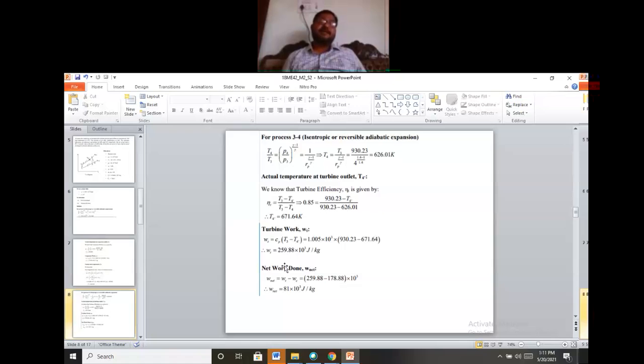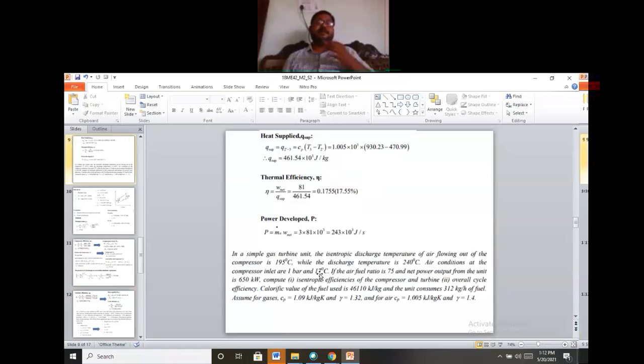Turbine work is CP value into T3 minus T4 dash. Net work done is WT minus WC, the difference between the turbine and the compressor work. Substituting all the values, you will get the net work done as 81.81 into 10 to the power of 3 joules per kg. Heat supplied is Q2 to 3, CP into T3 minus T2 dash, 1.005 into 10 to the power of 3 into 930 minus 470.